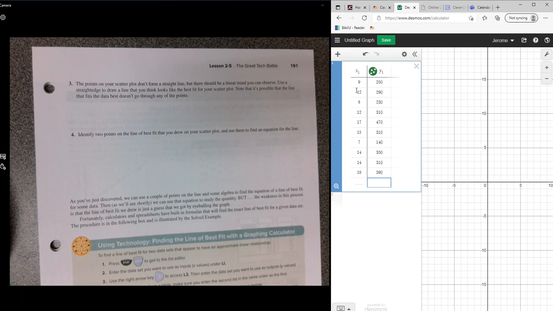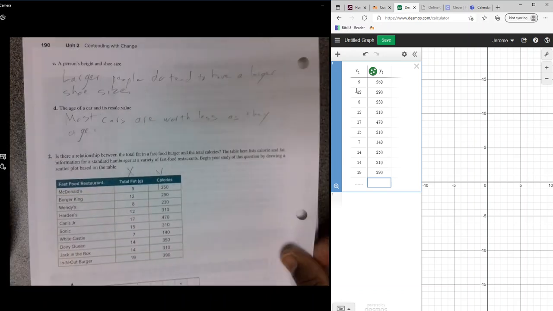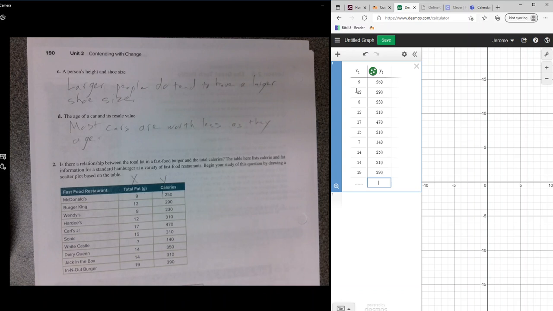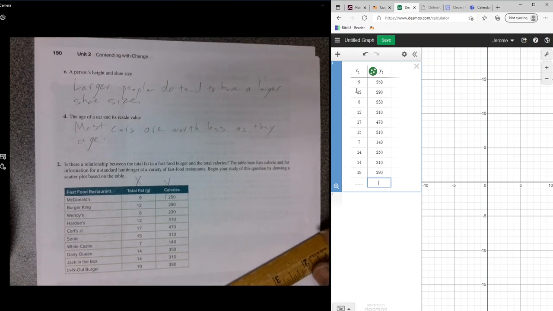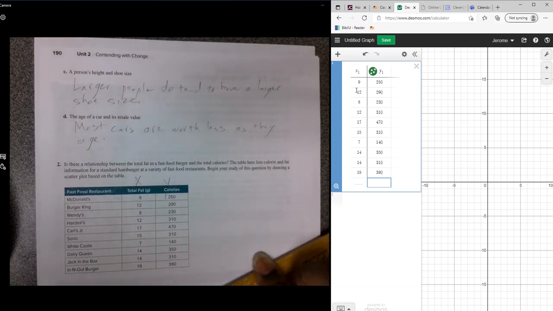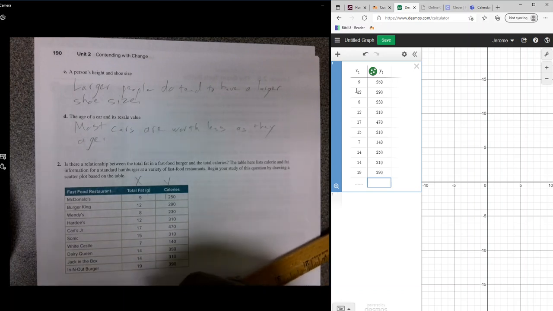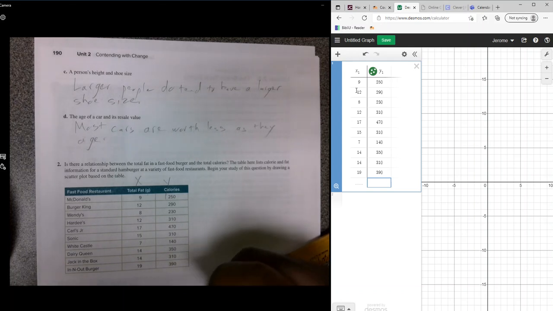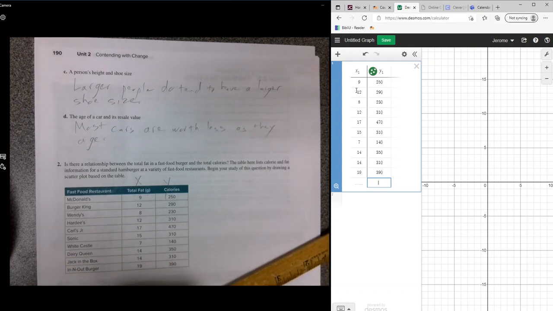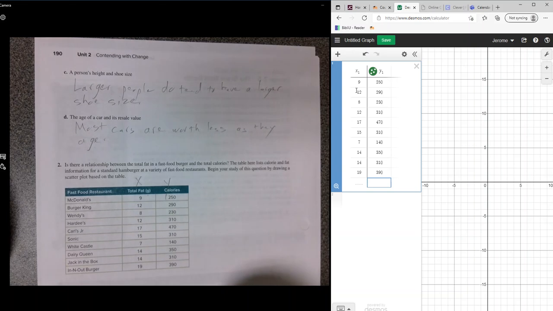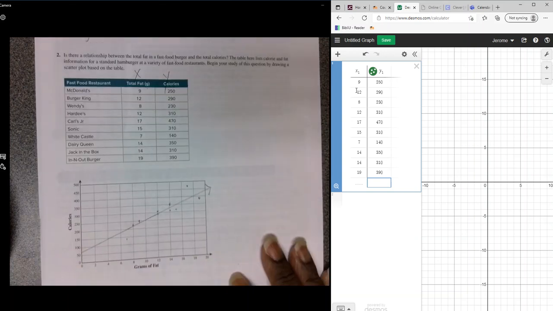Here's one. So we could do our own little line here, best fit. Oh, I'm sorry, I didn't show that. Yeah, this is a possible line of best fit here.